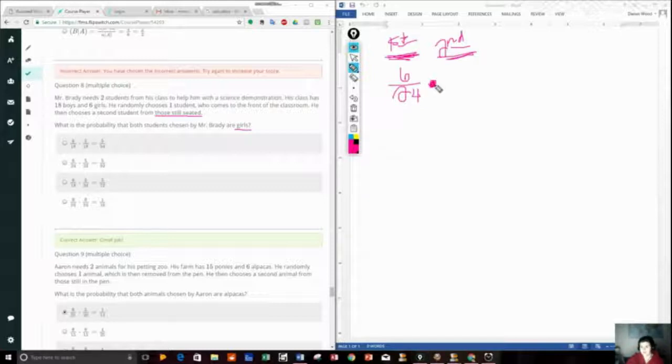Then on the second pick, if you chose a girl the first time, there's 5 girls left out of, and since that student went to the front of the classroom and stood there, there's no longer 24 seated, there's 23.